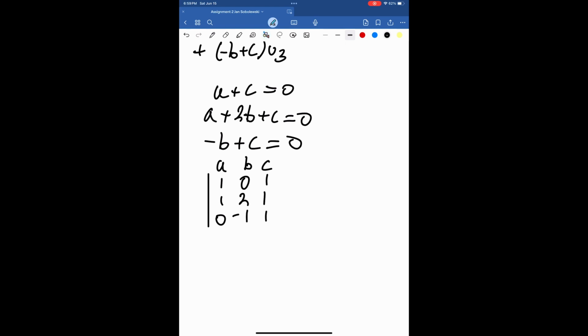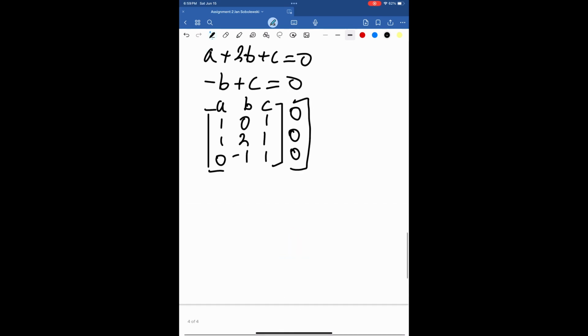This is an augmented matrix. Sorry if it looks terrible, but it is what it is.